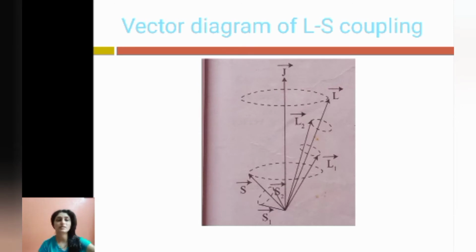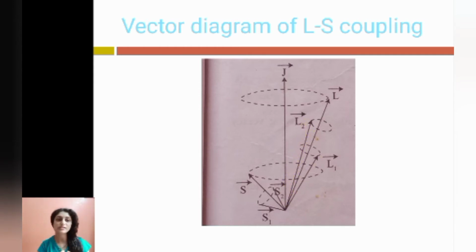Now this is the vector diagram of LS coupling. Here you can see that we have S1, the spin angular momentum of the first electron, and S2, the spin angular momentum of the second electron. Spin-spin interaction is strong, so they will form their resultant vector S. So there is a fast precession of S1 and S2 about S. Similarly, we have orbital angular momentum L1 of the first electron and orbital angular momentum L2 of the second electron.